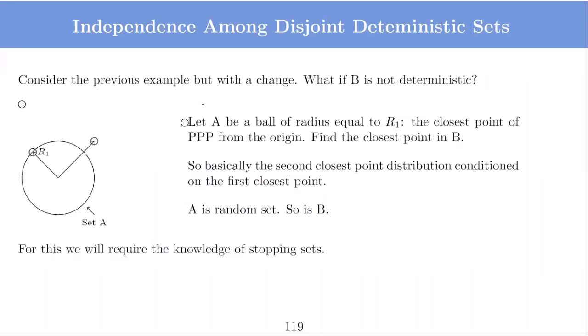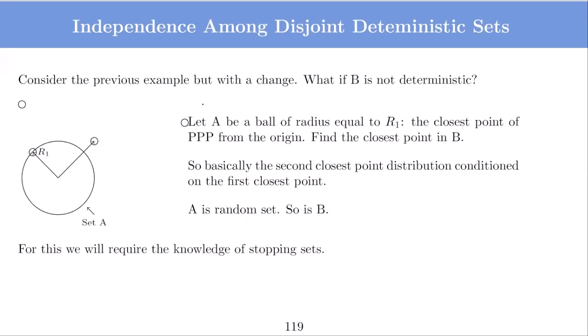And then we can say, because A and A complement are independent, the PPP in A is independent of the PPP in B. But here, A is not independent. A is the ball of radius equal to R1, the closest point of the PPP.